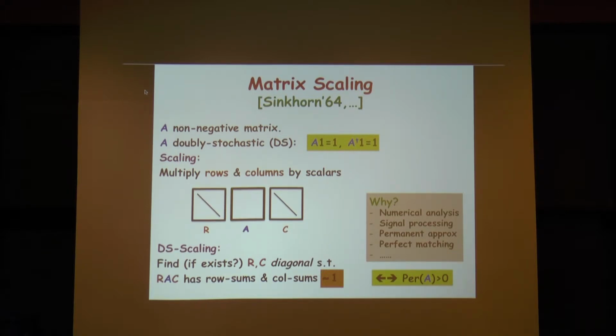Yes? So, what level of approximation do you need for it to be equivalent to testing the permanent of A being positive? Yeah, we'll see in a second. But at this point, the definition is you are asking whether for every epsilon you give, there are scaling factors that will make it within 1 plus or minus epsilon. Yeah. Okay, so that's the problem.